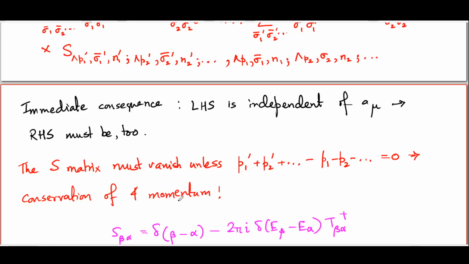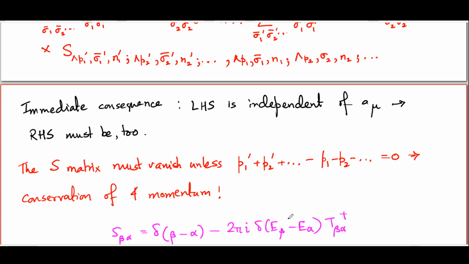Now we had already figured out that the S matrix elements impose energy conservation. If you don't have an interaction, you have delta beta minus alpha. The presence of the interaction is given by this term, which has this delta E beta minus E alpha factor. So energy conservation is imposed automatically.